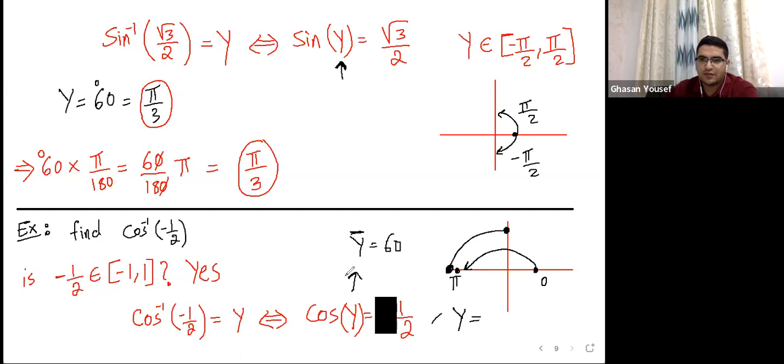So again, go back to the table I gave you in the last class. What's the angle in the second quadrant that has reference 60?